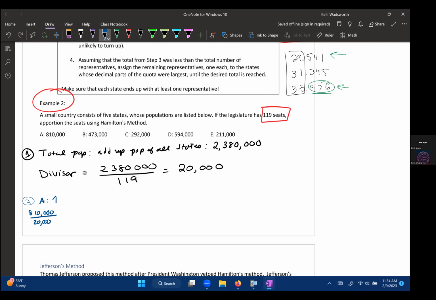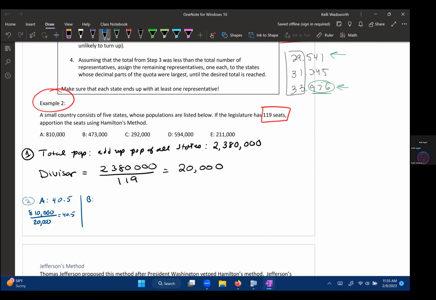I'm going to write that right here: 40.5. Does that make sense? Yes, that's a 4 and that's a 4. I write my 4s in 2 different ways. So that's state A's quota.